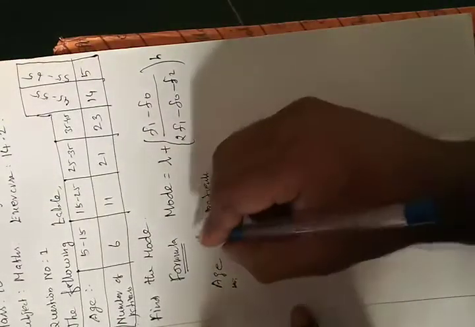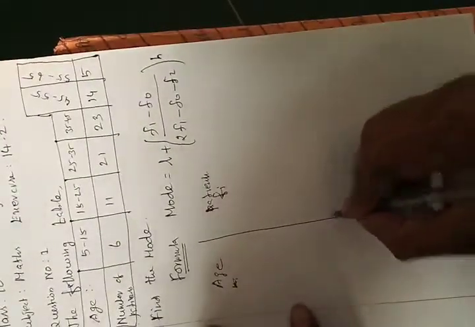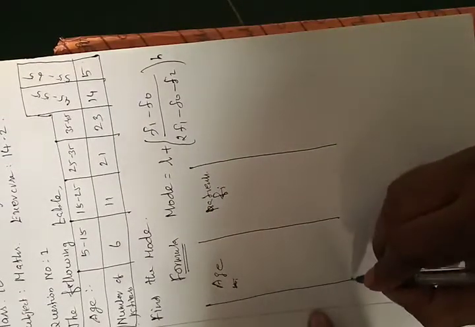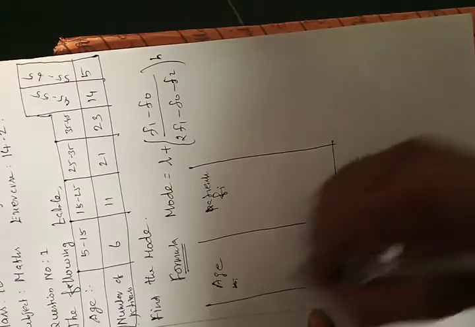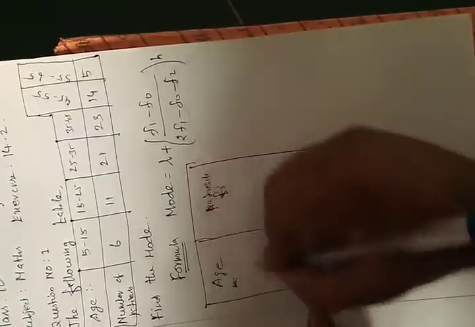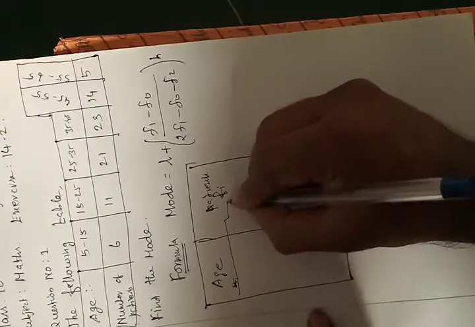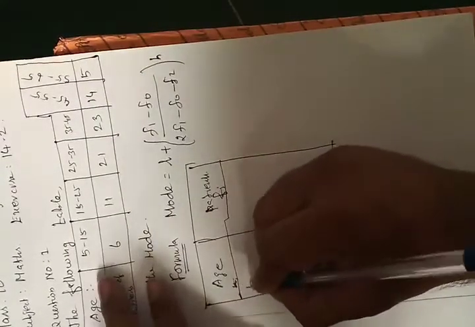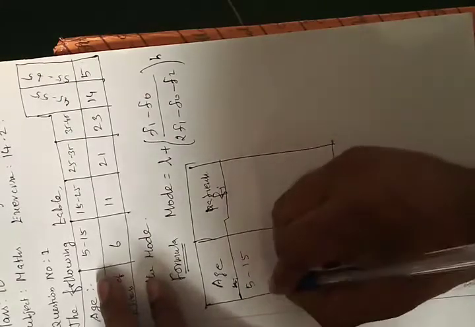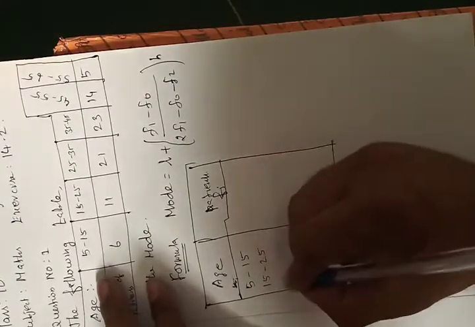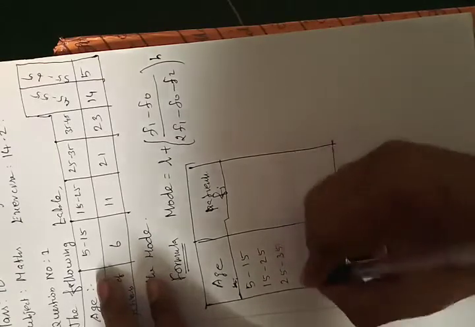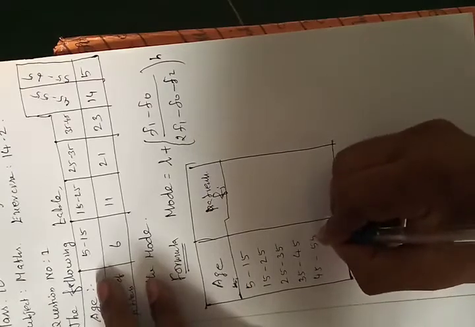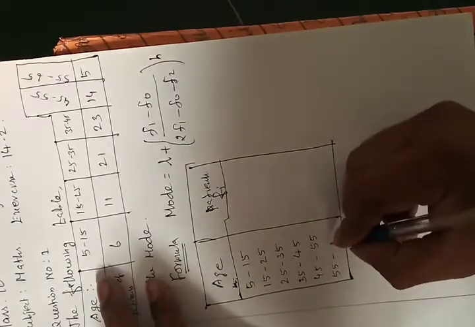Now put a table. Intervals first: 5 to 15, 15 to 25, 25 to 35, 35 to 45, 45 to 55, then 55 to 65.